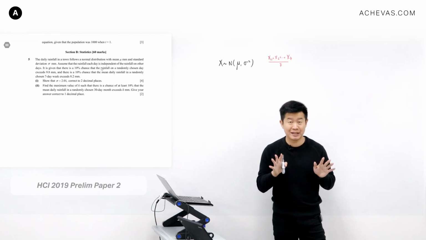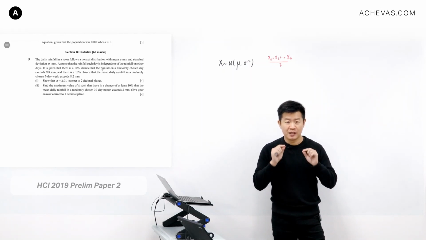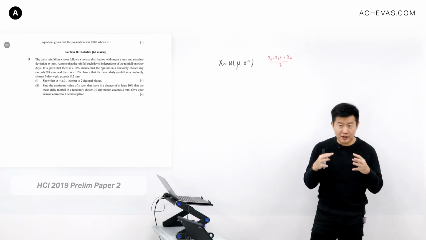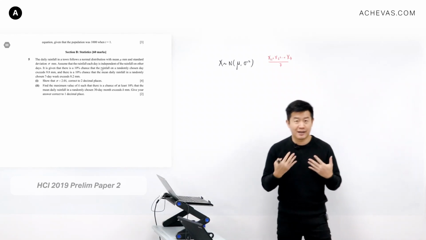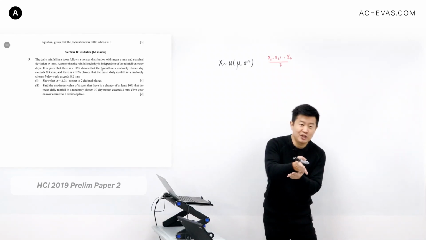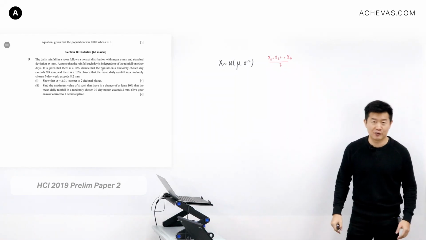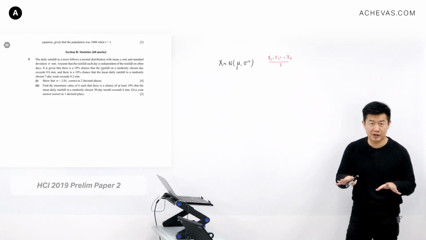That is why the moment you recognize that the question is asking for a linear combination, very often they will ask you for an assumption. So what is that assumption? The assumption will be they are all independent of each other.